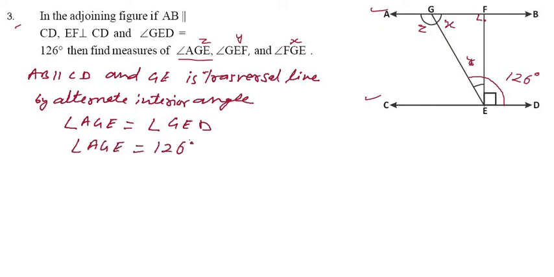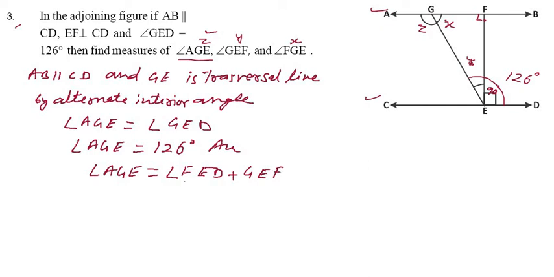That one is your first answer, so you can say Z is 126. Now come to this angle. As you know, angle AGE is equal to 126, but this angle is 90 degrees. In this figure, angle AGE will be equal to angle FED plus angle GEF.